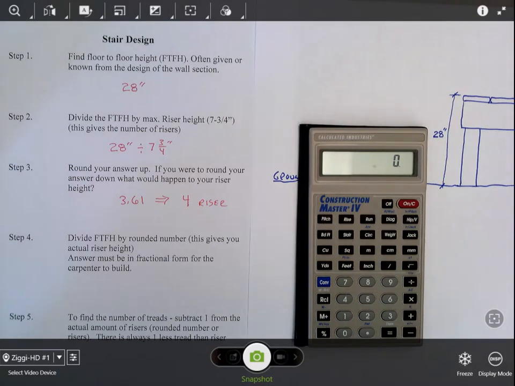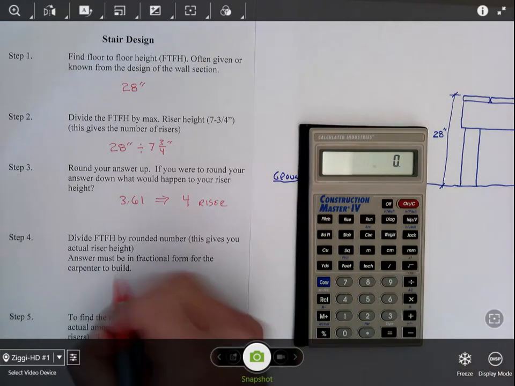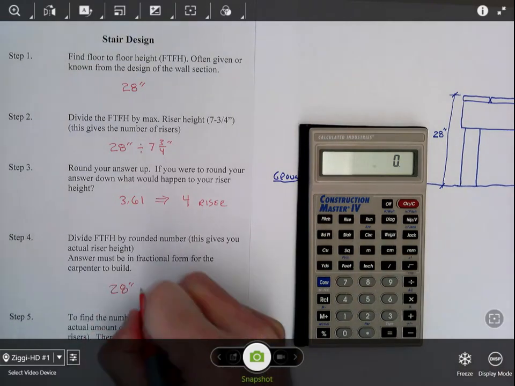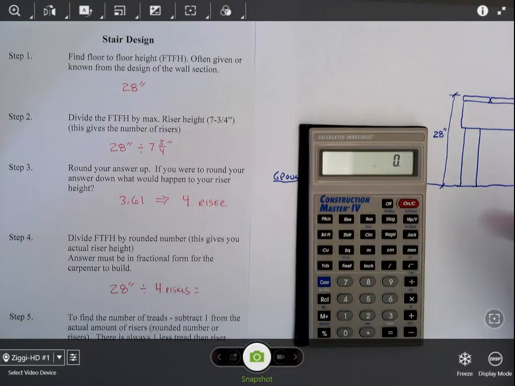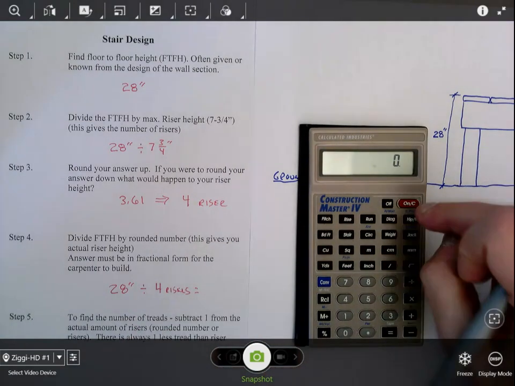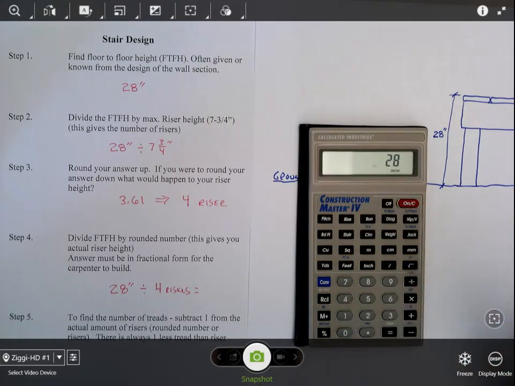So you're always going to have to round up in this instance, and that's the reason why. Moving forward to step 4, divide the floor-to-floor height by the rounded number; this gives you the actual riser height. Our floor-to-floor height, again, 28 inches divided by 4 risers will give us the actual riser height. 28 inches divided by 4 gives us 7 inches exactly.